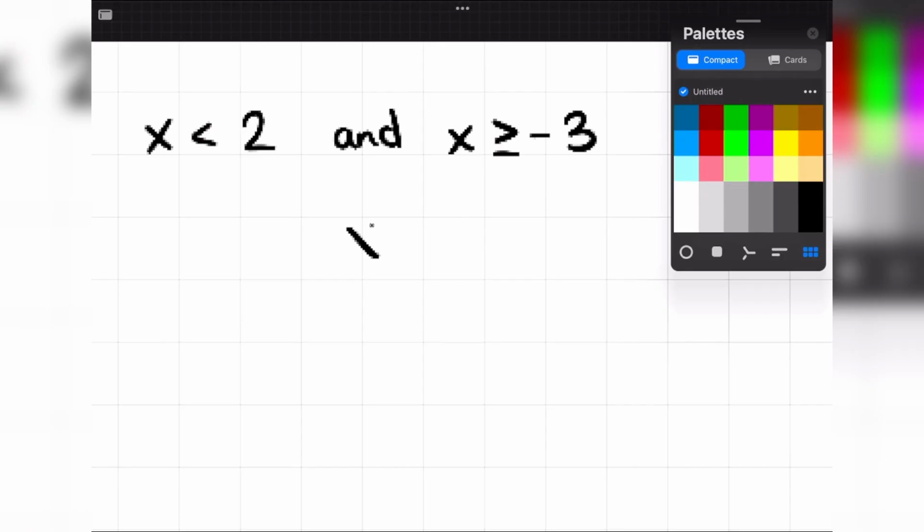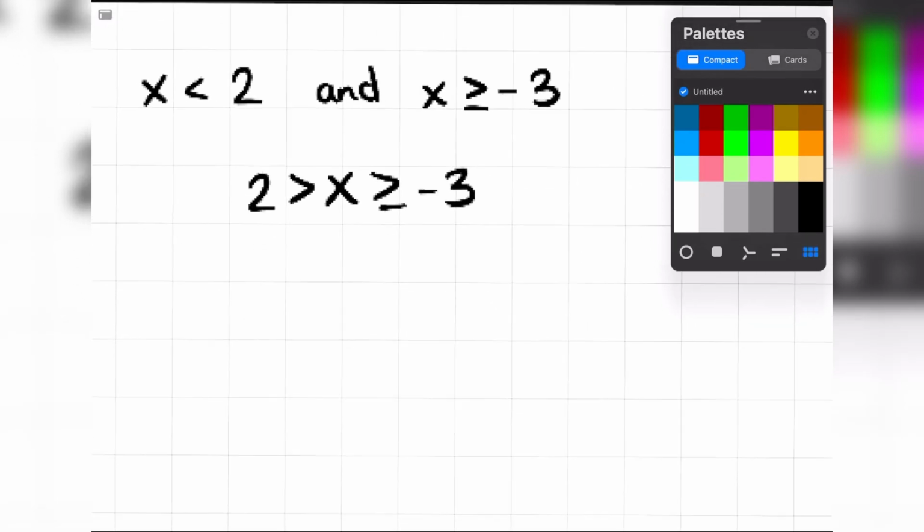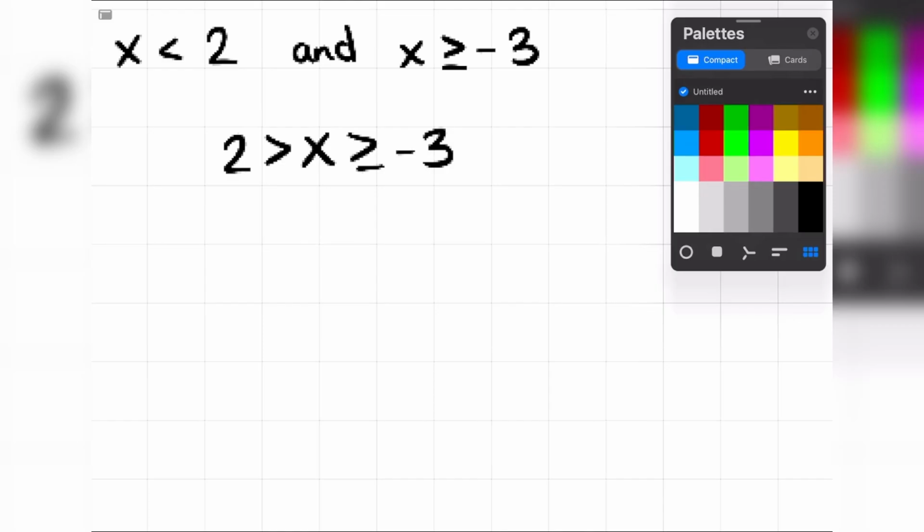So I put the x in the middle, and we know x is less than 2, right? So I just write down 1 and then figure out the others. Okay, so see, this works, but I'm going to flip it so that it's negative 3, and then like this, and then like that, so that the negative is on the left side. And then I'm going to type that in as our inequality solution.